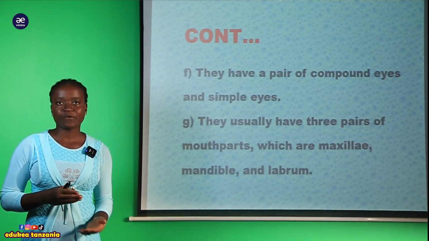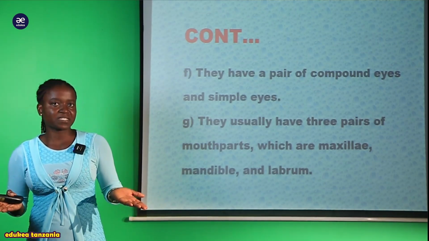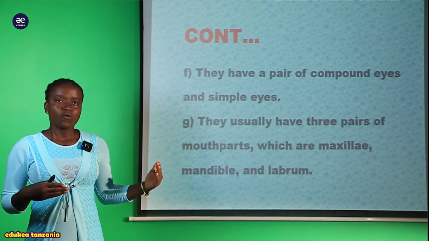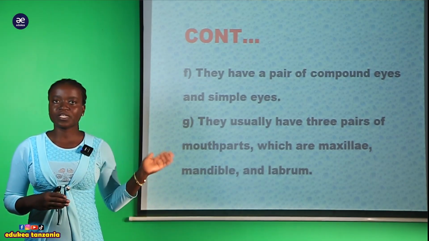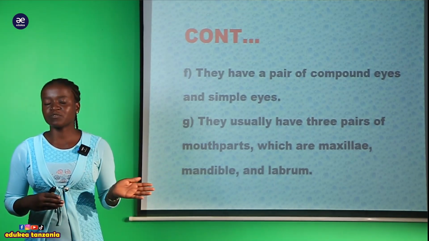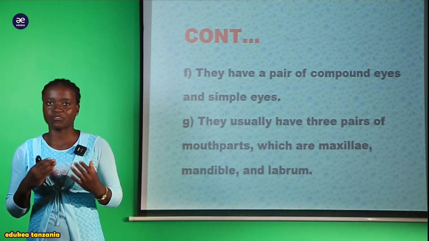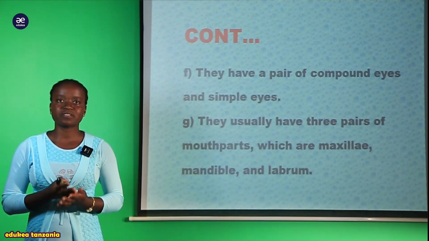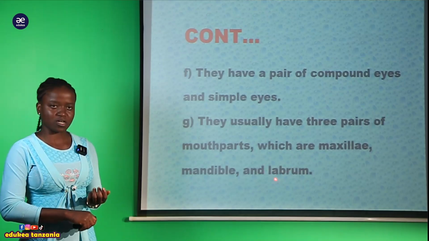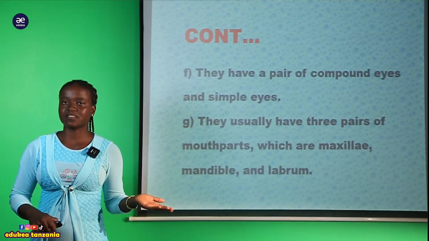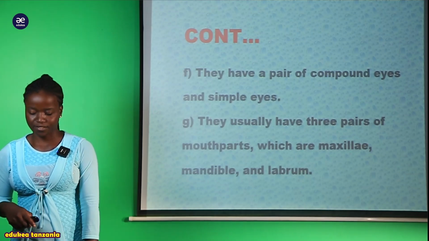So ukiangalia kwenye ile class Diplopoda tulisema wale wana mouth part, but within their mouth part they only contain jaws. Ukienda pia kwenye Chilopoda the same. Ukienda pia kwenye the rest of the class tulizo discuss kwenye hii phylum Arthropoda, unakuta wengine kabisa hawana mouth part. So due to possession of these characteristics, we can say that this organism, they are advanced compared to the rest of the class.